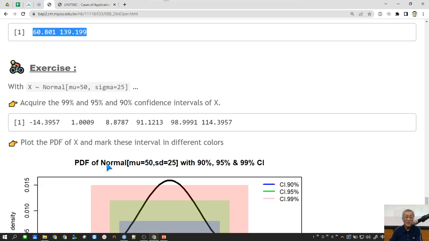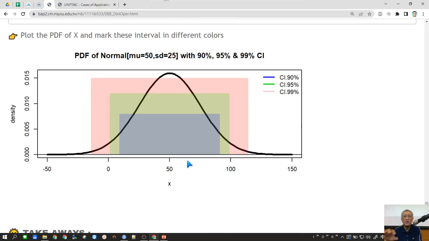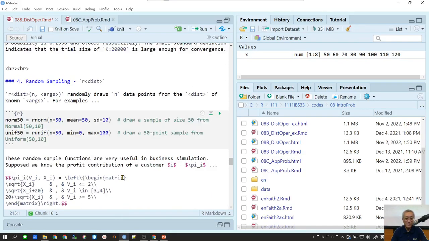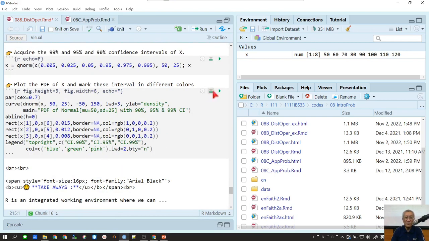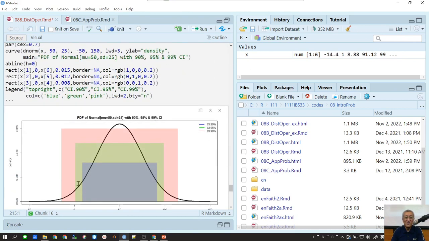And there's an exercise, right? I want you to make a plot to show the 99%, 95%, and 90% confidence interval of X. Okay, you don't need to draw it so beautifully. Actually, the code is here already. See, the code is here.